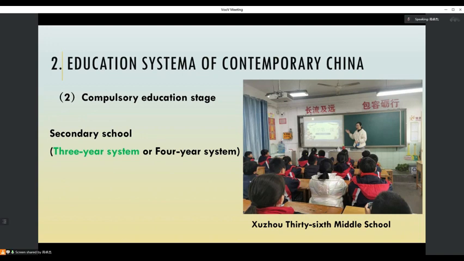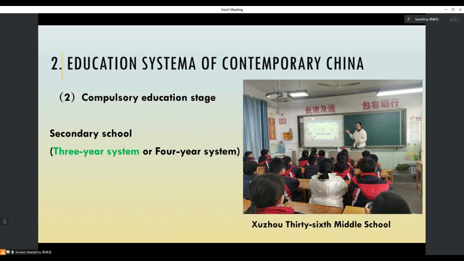Now, because China adopted 9 years of compulsory, no-fee schooling, 义务教育.